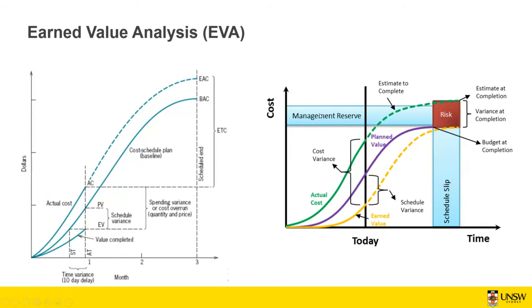So over cost means that if we have some contingency or some management reserve, we can mitigate that risk, so we have enough money. But if we don't, then we need to do some risk management analysis, discuss it with the stakeholders, and see what you can do to bring down the cost.